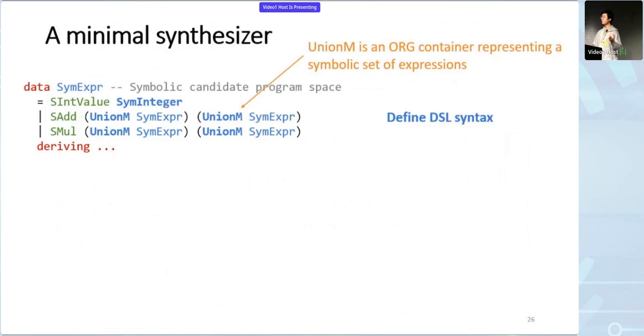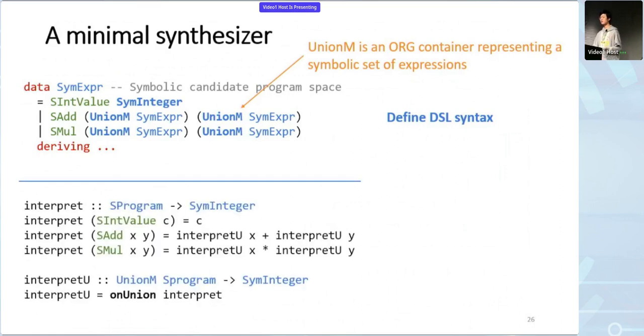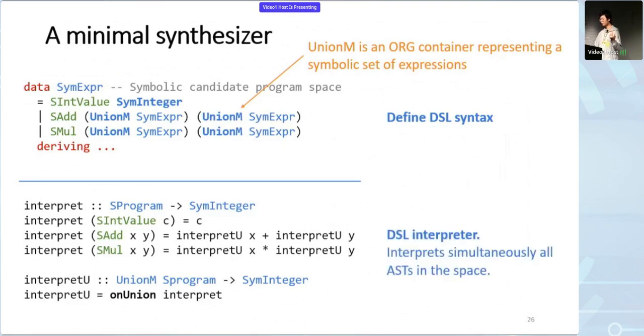And this UnionM is just our org container, and it represents multiple expressions together, thus representing a space of expressions compactly. Then we can define the interpreter for the DSL. It also looks like regular interpreters. Here you can use this mrgUnion combinator to lift the interpreter to work with UnionM values to interpret the whole program space all at once.